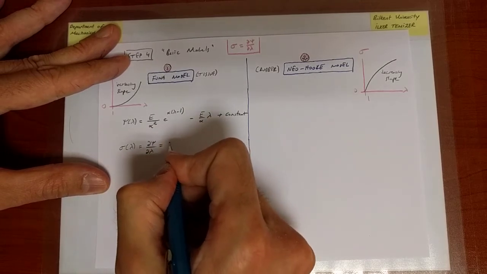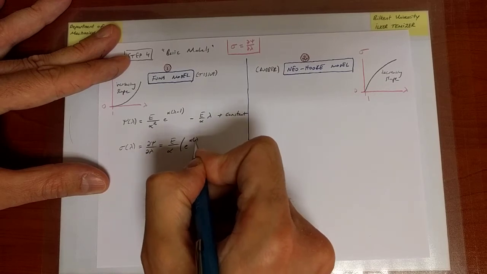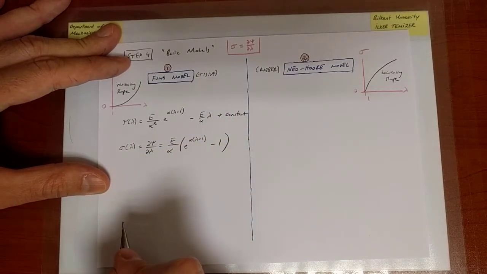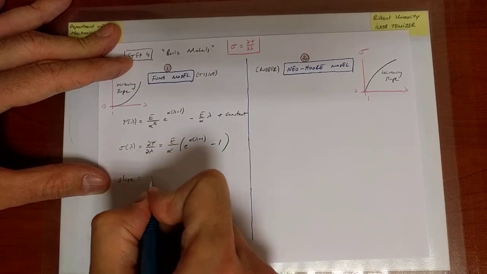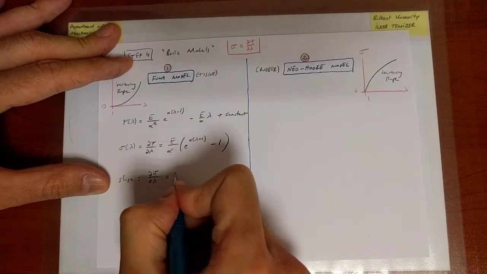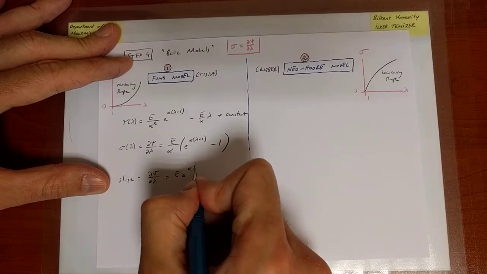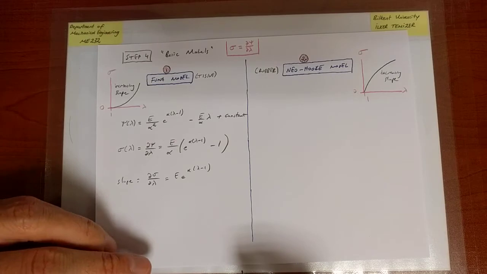And so if you just go ahead and take the derivative, you're going to find this relation between stress and deformation. Now you can go ahead and look at the slope as well. The slope is going to be equal to del sigma over del lambda, which is E, the Young's modulus, alpha to the power lambda minus 1. Okay, and you see that it is ever increasing.